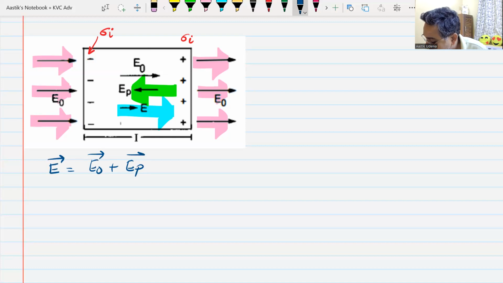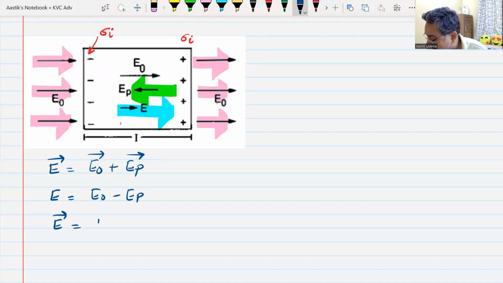Do we understand this? If I write it vectorly, it will be like this. If I write it scalarly, it will be E naught minus EP. Do we understand this? Yes, sir.